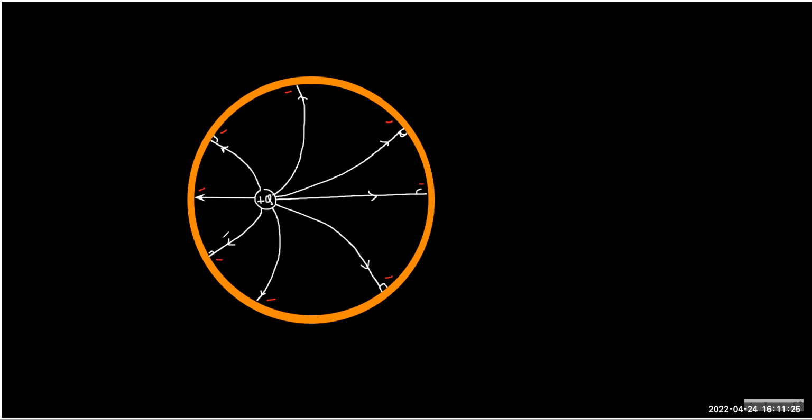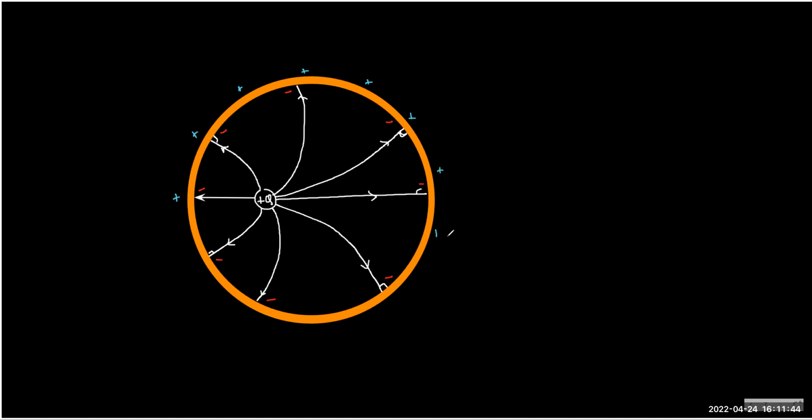The answer is non-uniform. So what about the outer surface? The outer surface is uniform. So the outer surface is not influenced by the inner distribution.